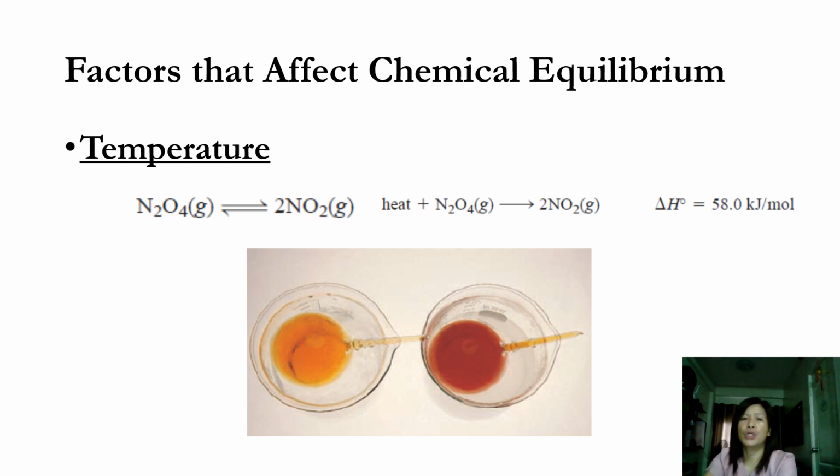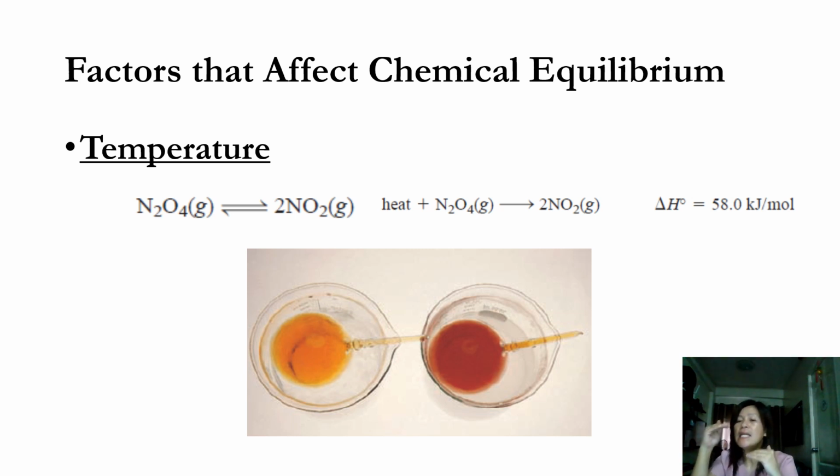Increasing temperature means putting stress on the left side, the reactant side. So if the reaction is endothermic, you expect the heat to be absorbed by the reactant side. So the reactant requires heat.